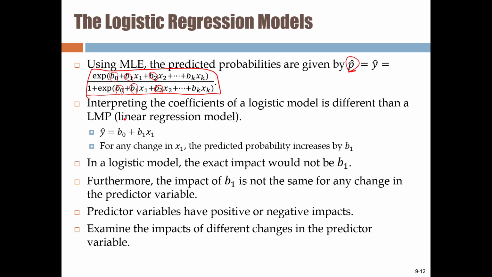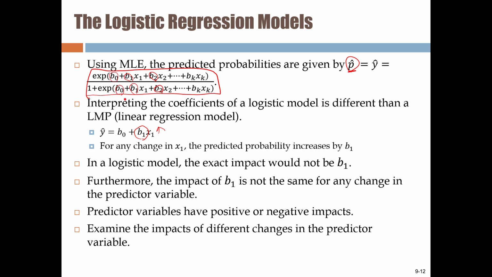You can say it's the same, or it can be different, because in the linear case, if x1 goes up by 1, y will go up by b1, right? That's how you do it. But here you cannot tell that. If x1 goes up by 1, P will not go up by B1, obviously, because there is an exponential.